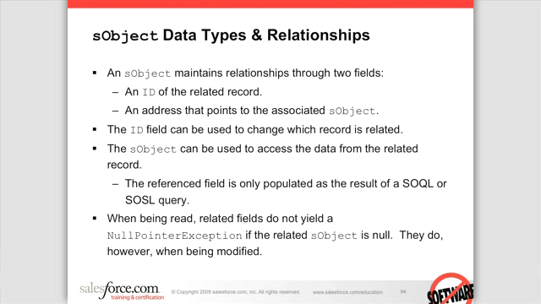When being read, if we said string s equals c.account.name, but we did not obtain the reference to the account by doing a select, that will simply return null. Now a problem would occur if we did not select the account associated with the contact and then attempted to set the name. If we said c.account.name equals something, that would cause a null pointer exception.